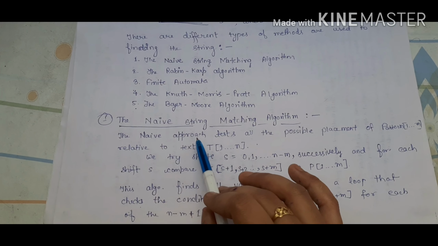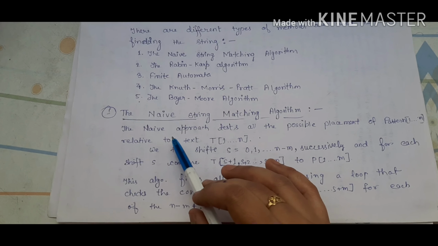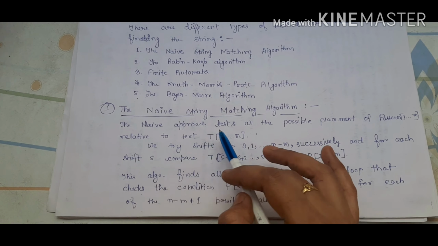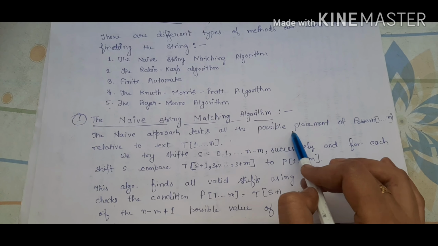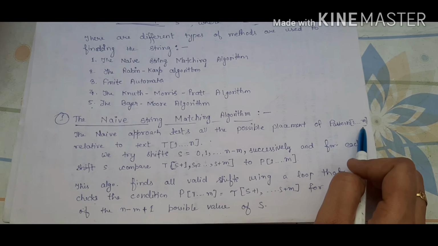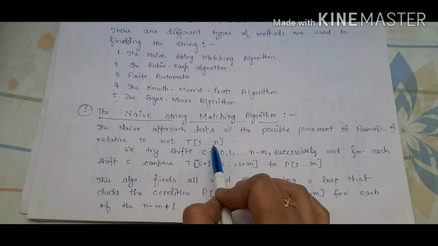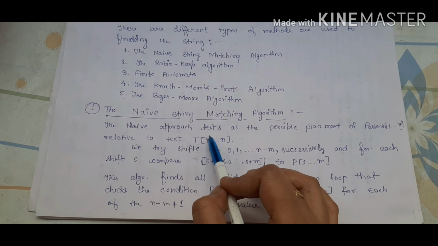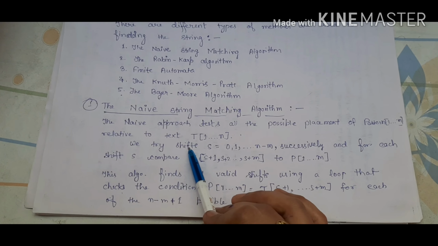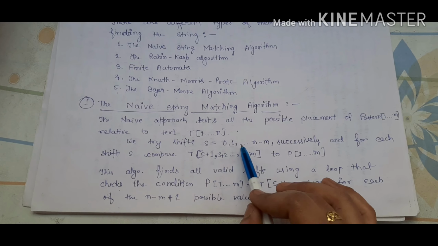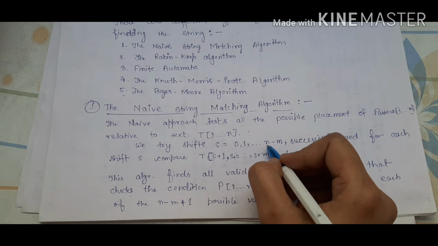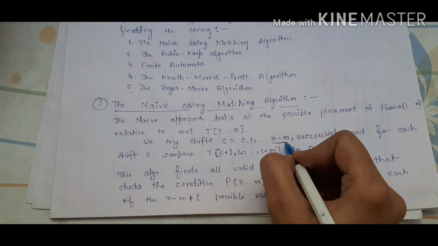What is this? The naive string matching algorithm, or we can also say naive approach, tests all the possible placements of pattern P, whose length is 1 to m, relative to the text T. Text length is n. So we try shifts s equal to 0, 1, 2, and so on. The maximum value of s is n minus m.